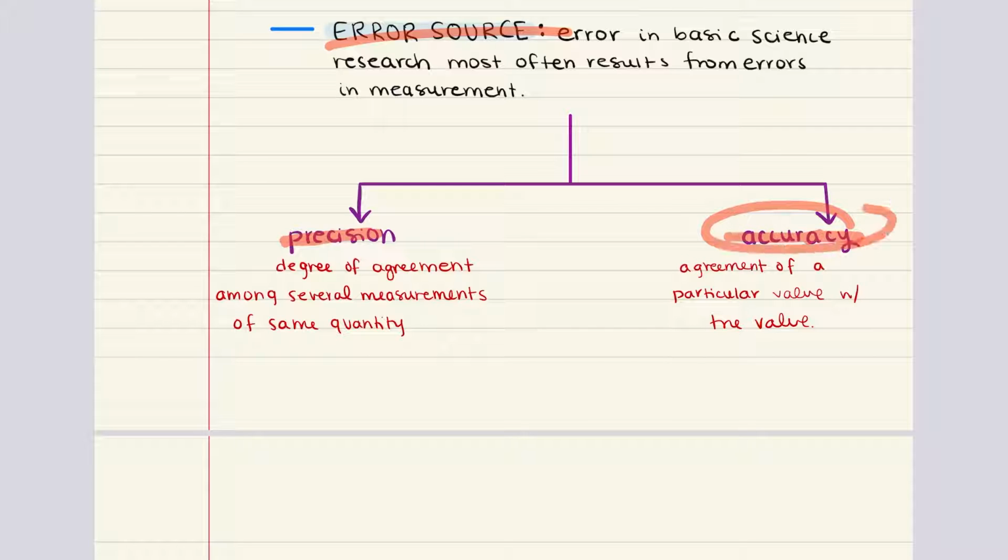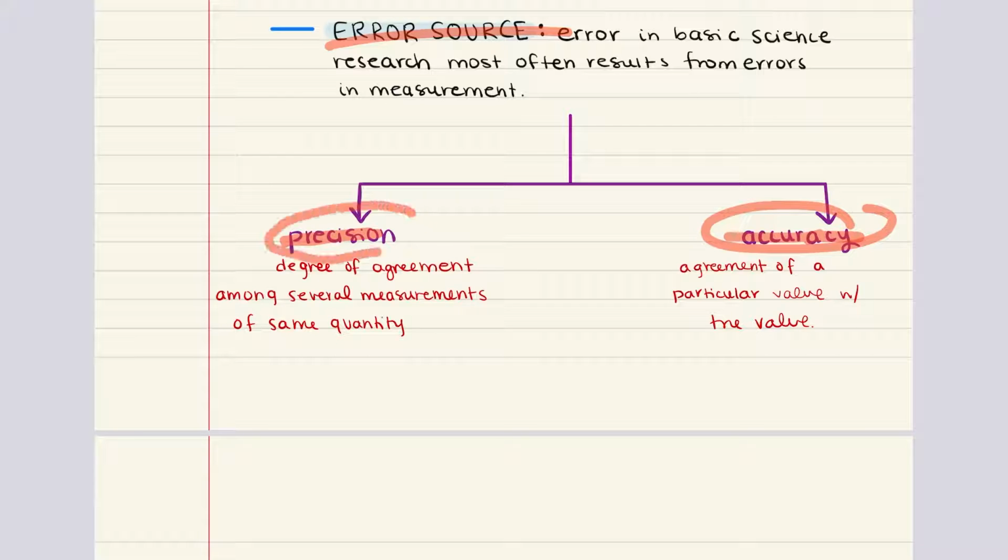Accuracy, also called validity, refers to how close a measurement is to the true value. So for example, if the actual plant height is 10 centimeters and our measurements consistently hover around 9.8 to 10.2 centimeters, then the experiment is accurate.